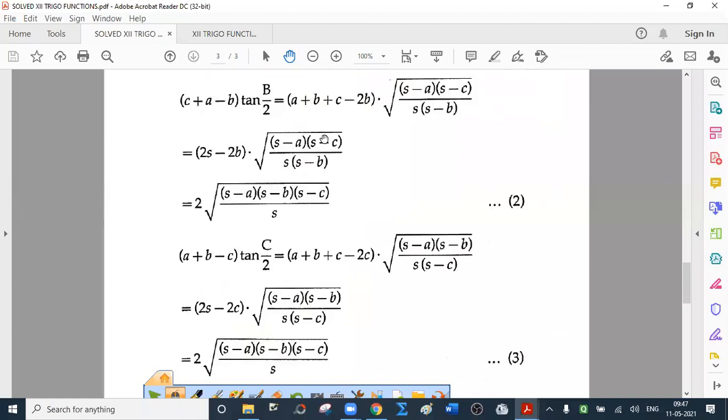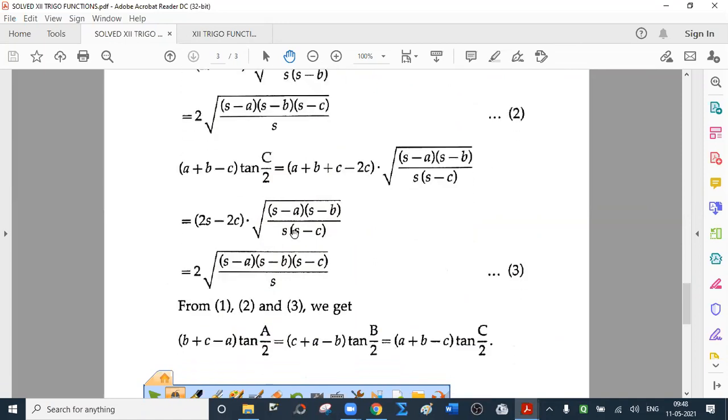In fact, here they have again proved that these are equal. Actually it is not required, because you can just say that by making cyclic changes, only the left hand side changes, the right hand side remains the same, so they are equal. So this part is actually not required, but you have to say from 1, 2 and 3 the right hand sides are equal, so the left hand sides must be the same.